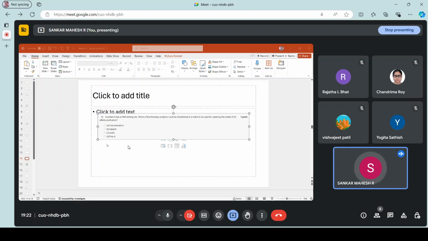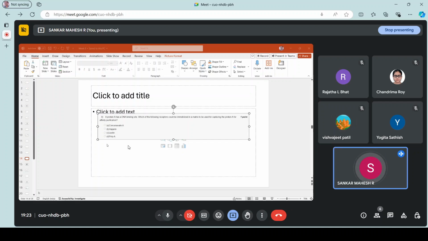Does anyone want to talk about an incorrect option? Sir, option C, lectin.